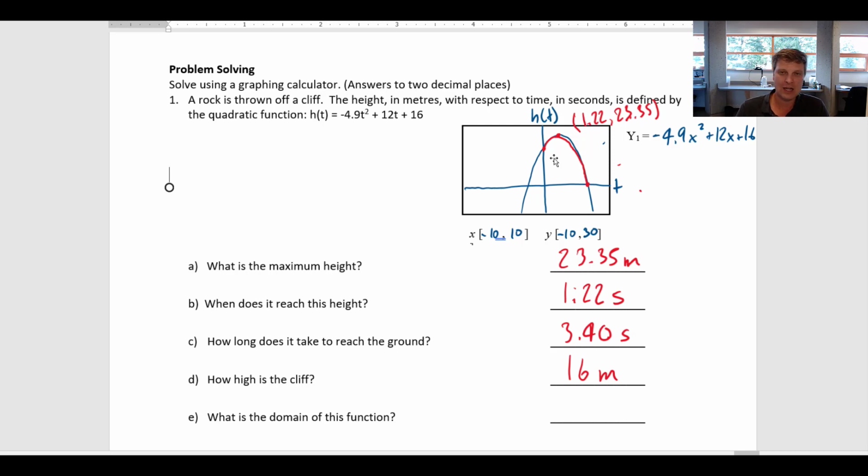So the real domain here is not all numbers. We really can only use this function while the rock is in the air. So that would be from 0 less than or equal to x, which is less than or equal to 3.40 seconds. And so that's the domain of that function. Okay, that's it for graphing calculators.